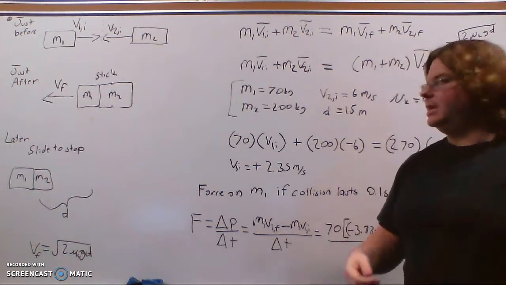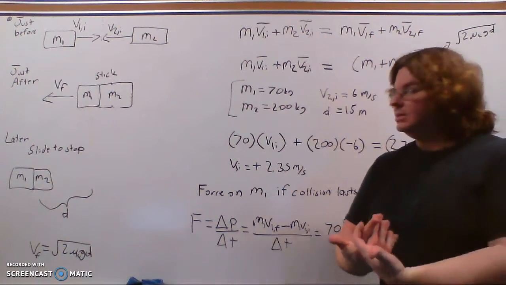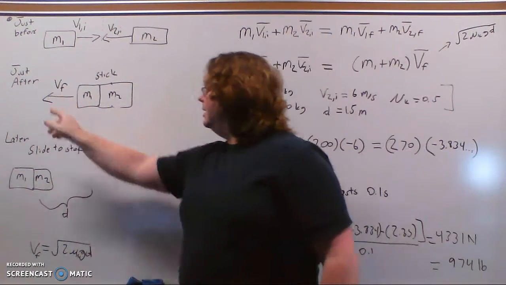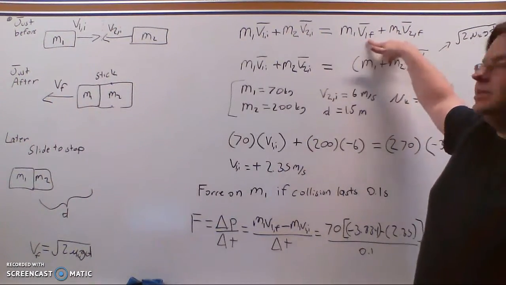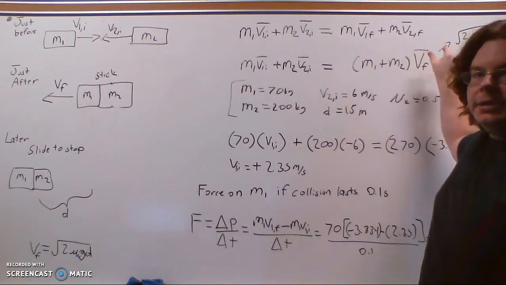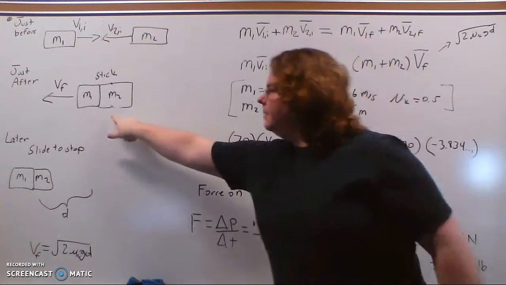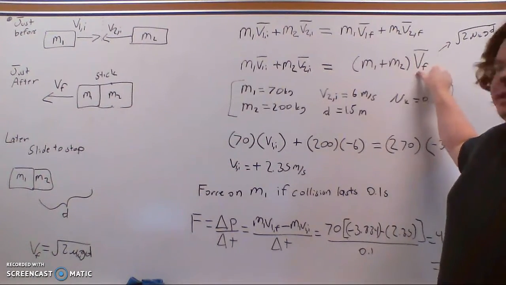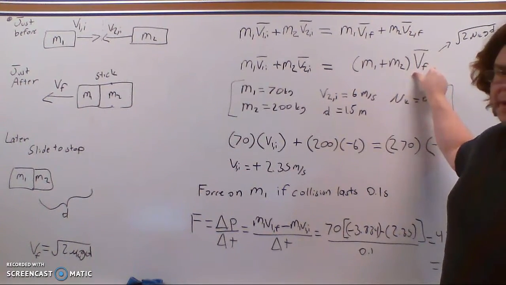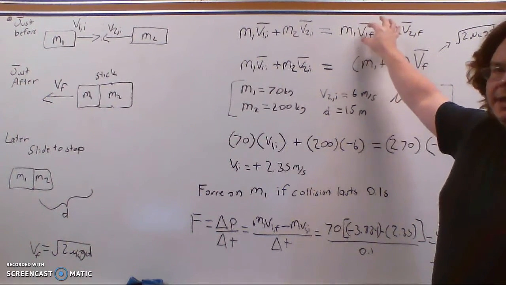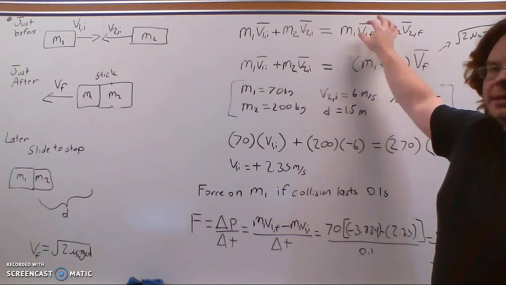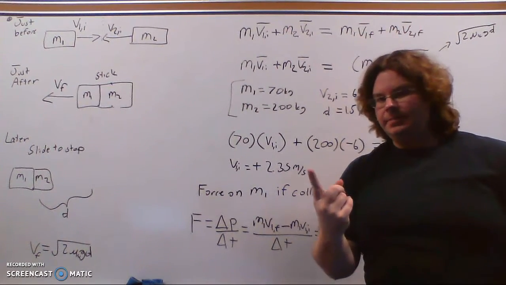Instead, we can say, well, this new final velocity is the velocity on both of these, so why don't we pull it out? Now all of this mass is moving away with this new final velocity. So instead of having two velocity terms on this side, we turned it into one velocity term.